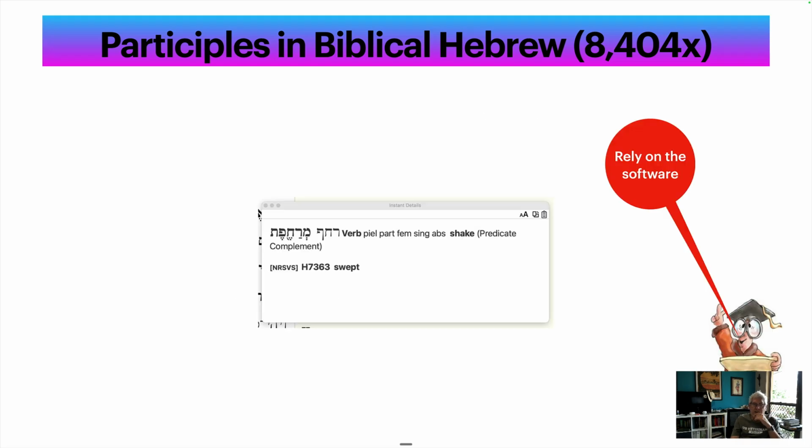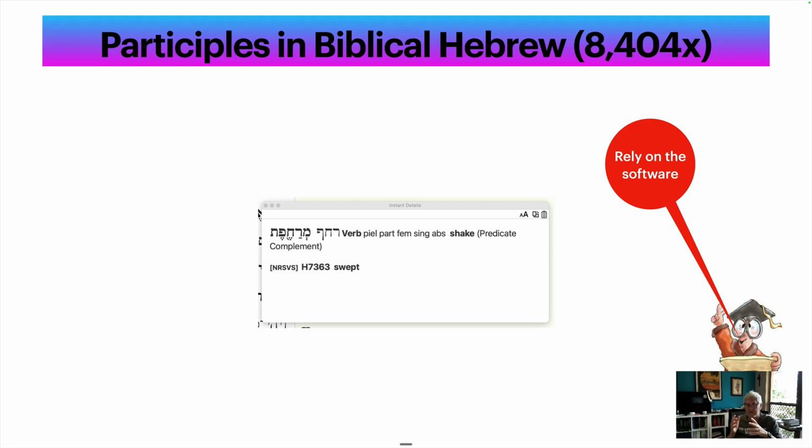Okay. So again, we're going to rely on the software, and we've actually had an example of this from when we first started looking at the opening verses of Genesis chapter 1, where we have this word which here, in the NRSV, is translated as swept. This is a PL participle, and you notice that it's feminine and it's singular and it's absolute.